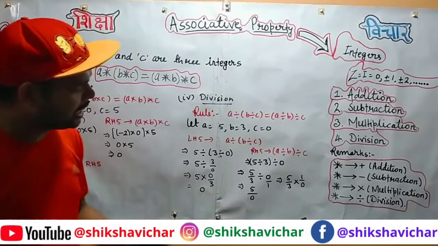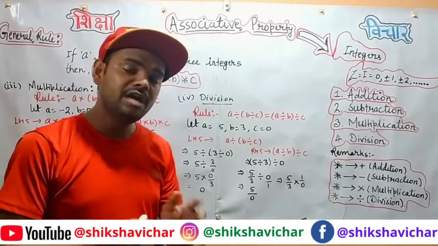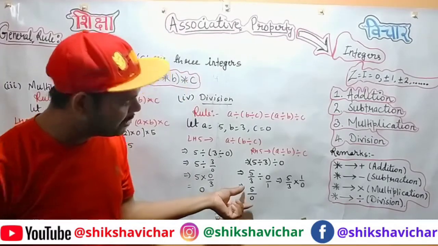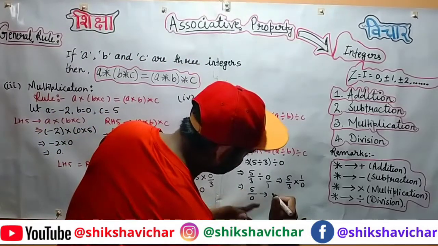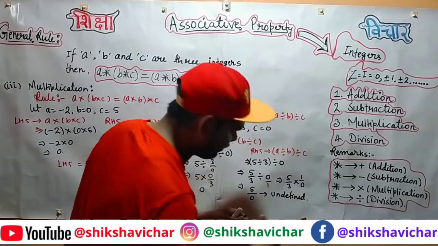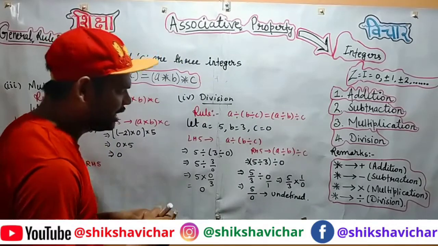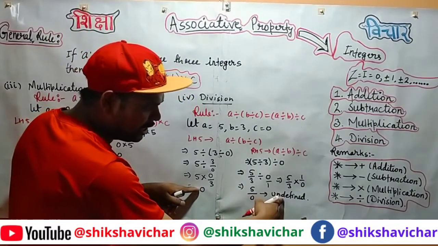Again we observe 5 upon 0, that means we want to divide 5 by 0, and we also know that division by 0 is not possible. That means this would be undefined. So we can say that here the value is 0 and the value here is undefined.